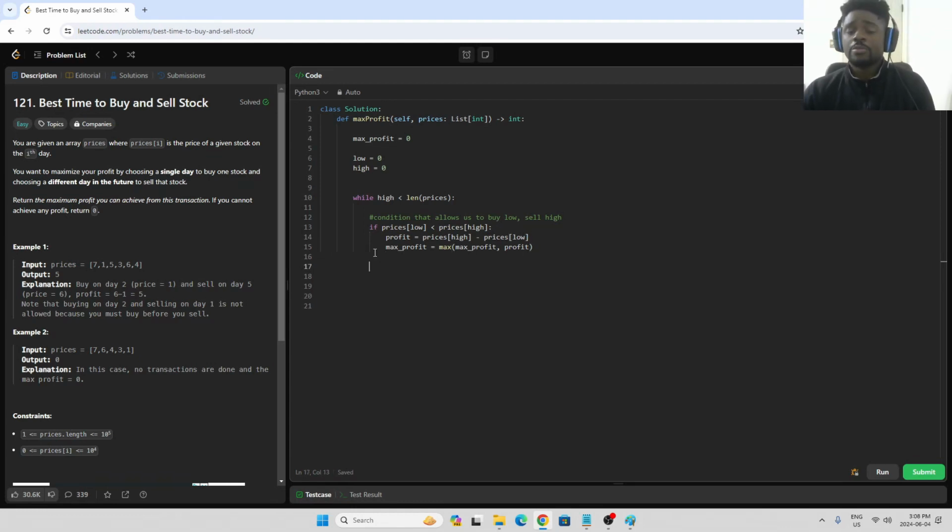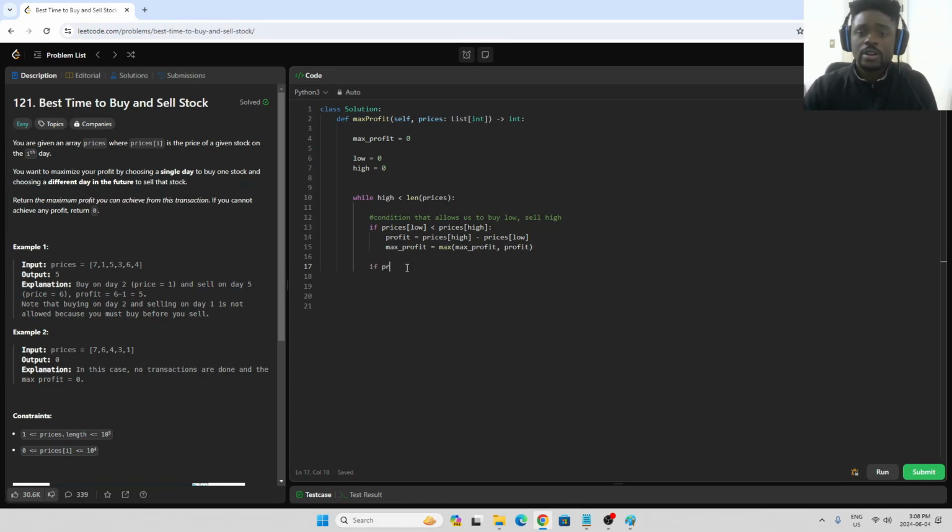So if at any point in time our prices at low is the opposite of this condition that we just defined over here, we know that we found a new global minima, so we now need to shrink our window from the left side or update our low pointer.